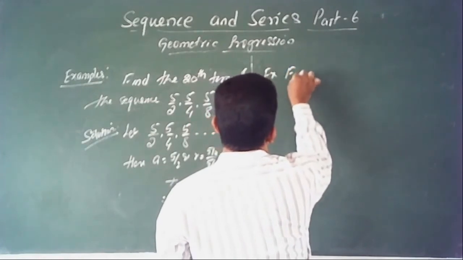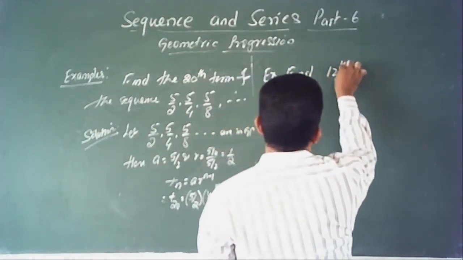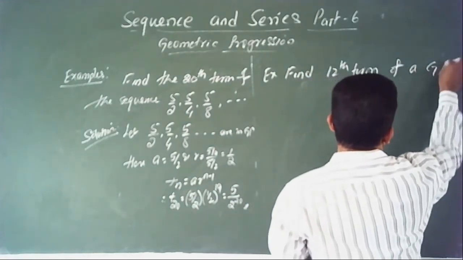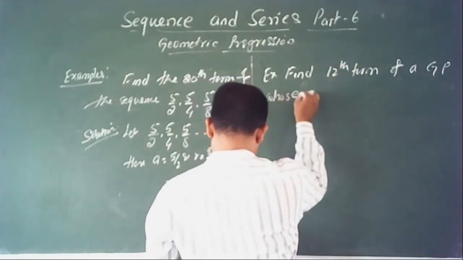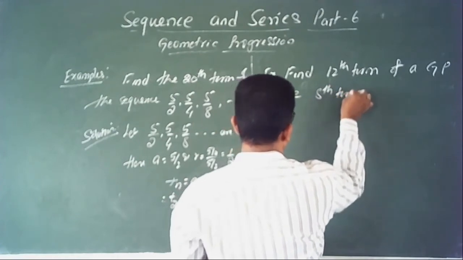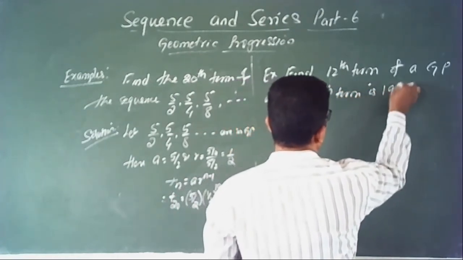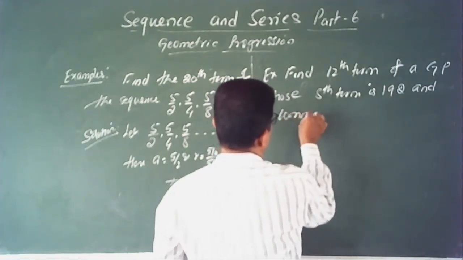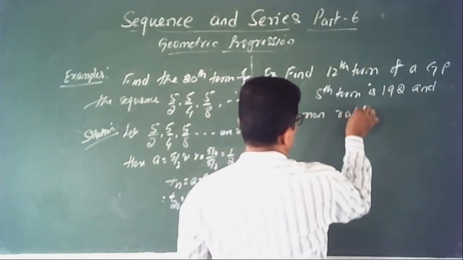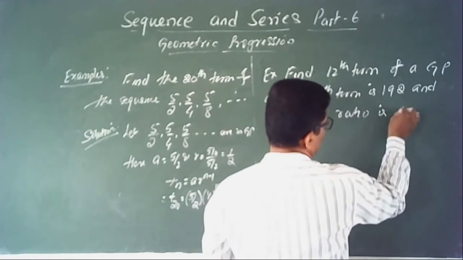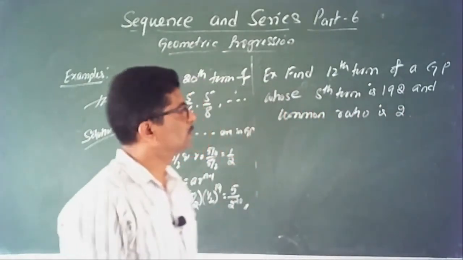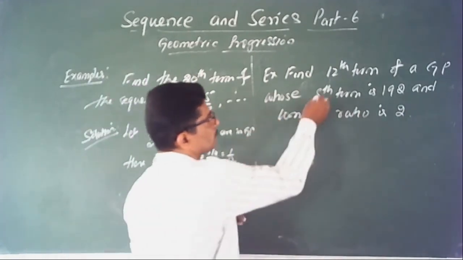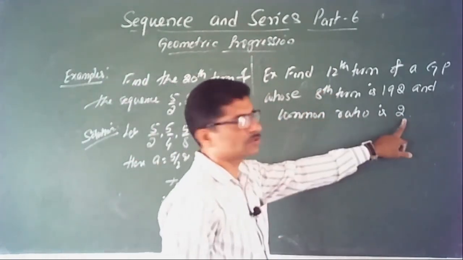Find the 12th term of a GP whose 8th term is 192 and the common ratio is 2.